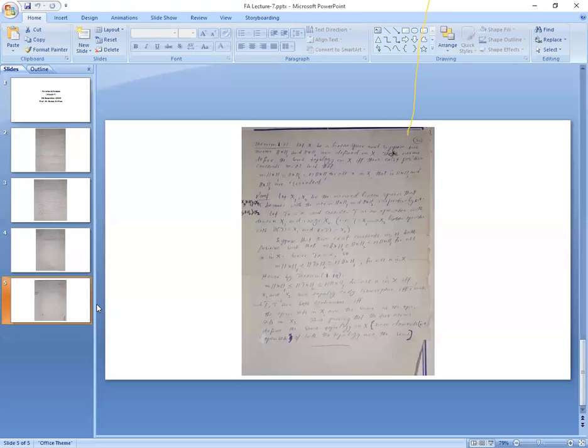Now we prove one result, and this gives us a simple criterion when two norms on the same linear space will be equivalent.